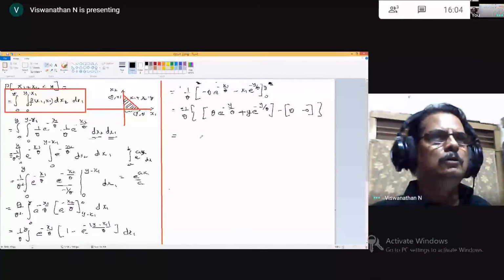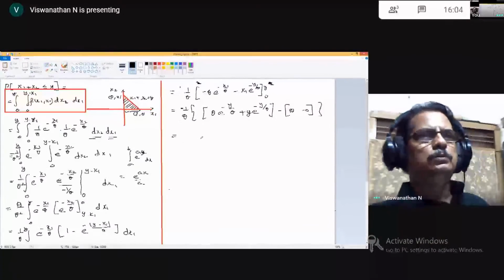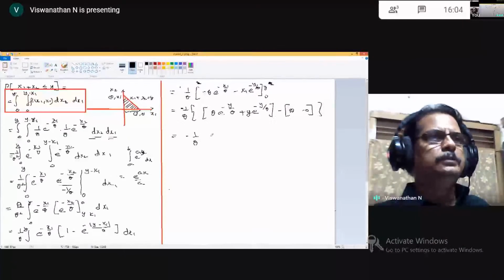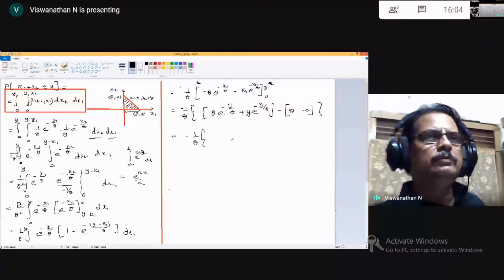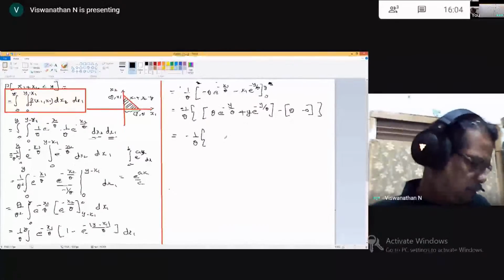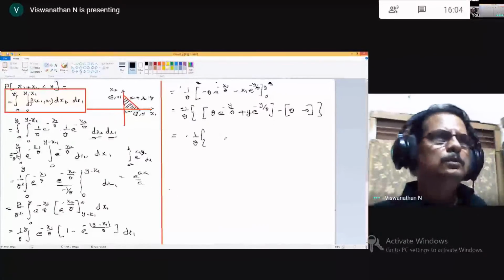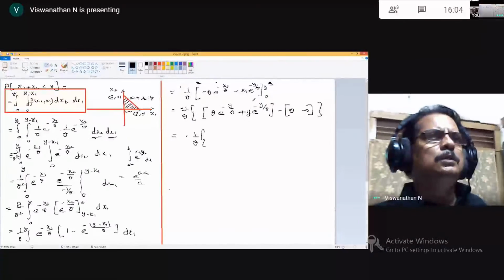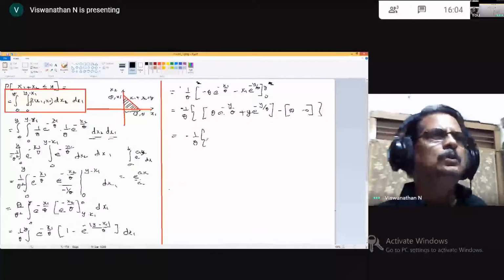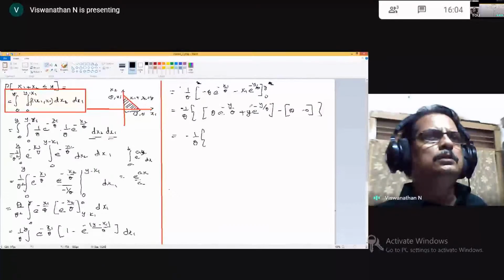So my value now reduces to minus 1 by theta, multiplied by... one second. Let me be very careful. In the upper limit, we have theta.